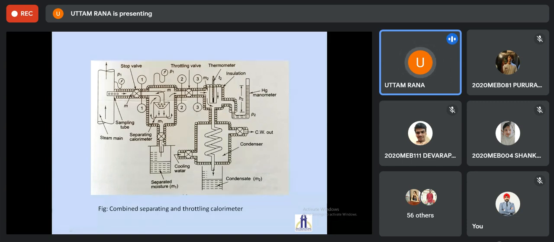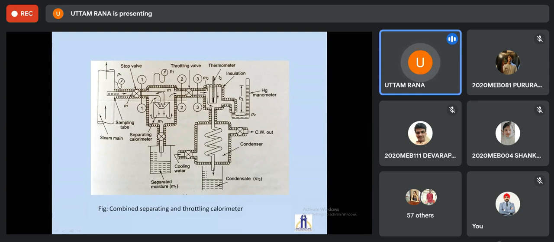Let us say we run the system for 5 minutes, and during this time the system is operating in a steady state and continuously supplying steam at a fixed rate. Out of this, in 5 minutes, M1 amount of moisture is separated from the sample steam.